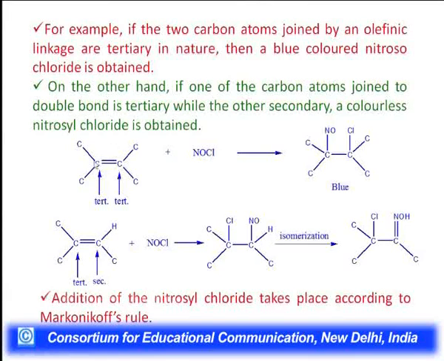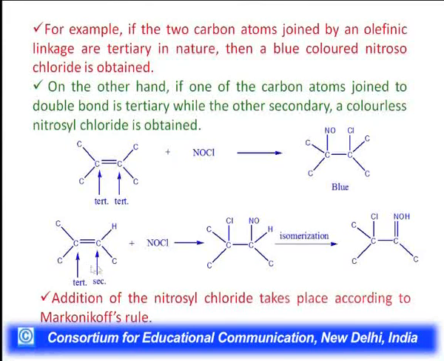Here you can see in the reaction, when both the carbons of this carbon-carbon double bond are tertiary in nature, then after addition of this NOCl, nitrosyl chloride, the addition product which we are getting will be the blue colored product. And when one carbon of the olefinic linkage is tertiary and the second carbon is secondary, here you can see that this is the hydrogen atom, so this carbon is secondary in nature.